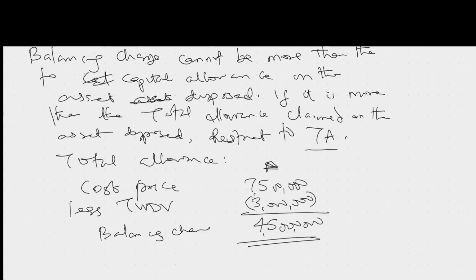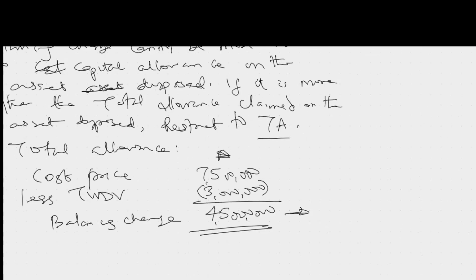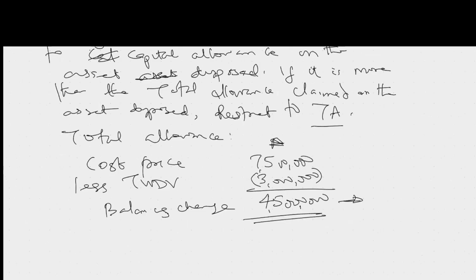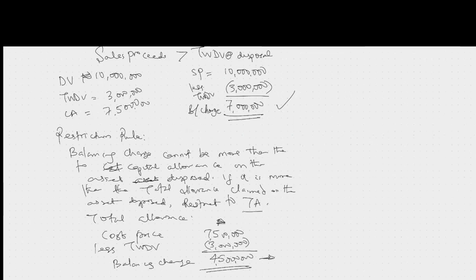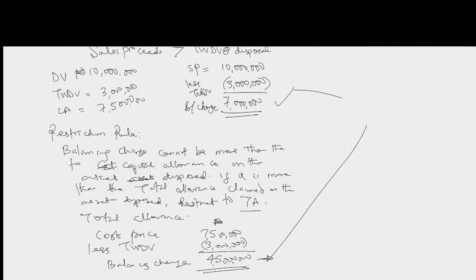A question will now arise from you. You will ask, what would happen to the difference between the 7 million and the 4.5 million, which is 2.5?